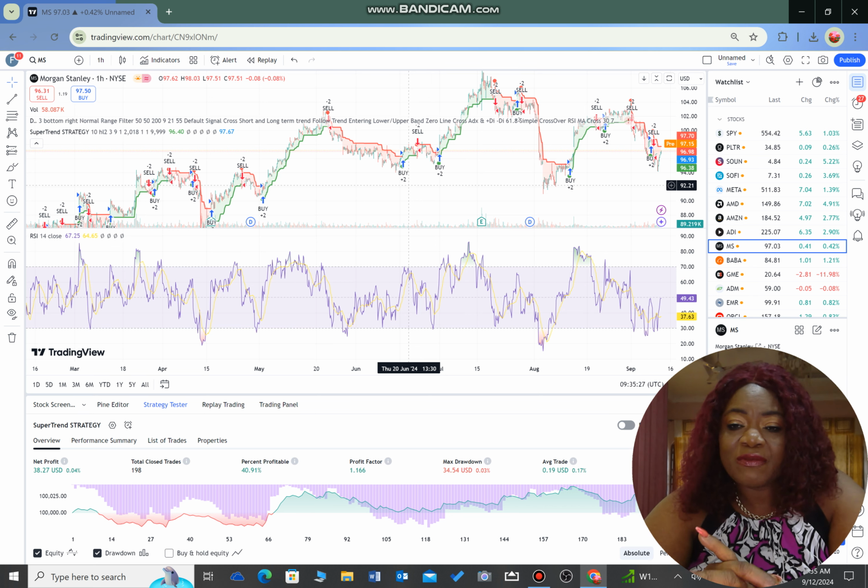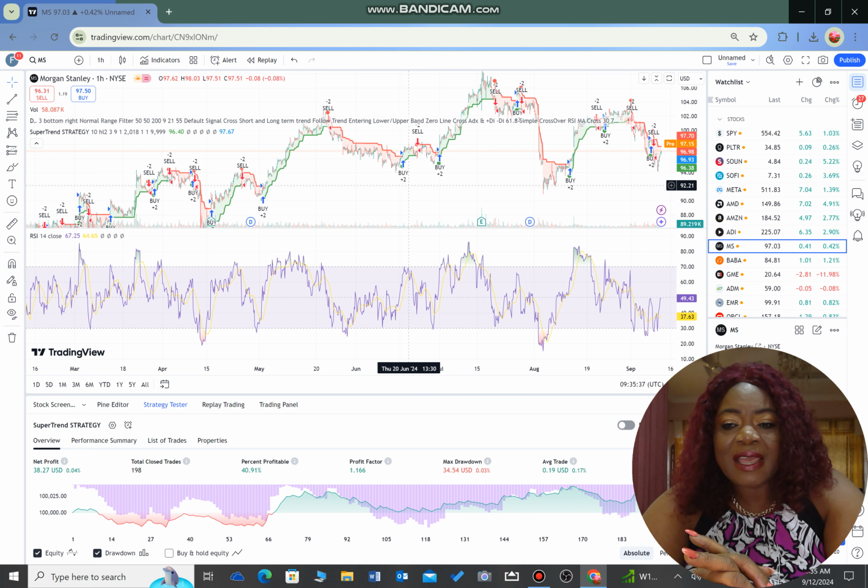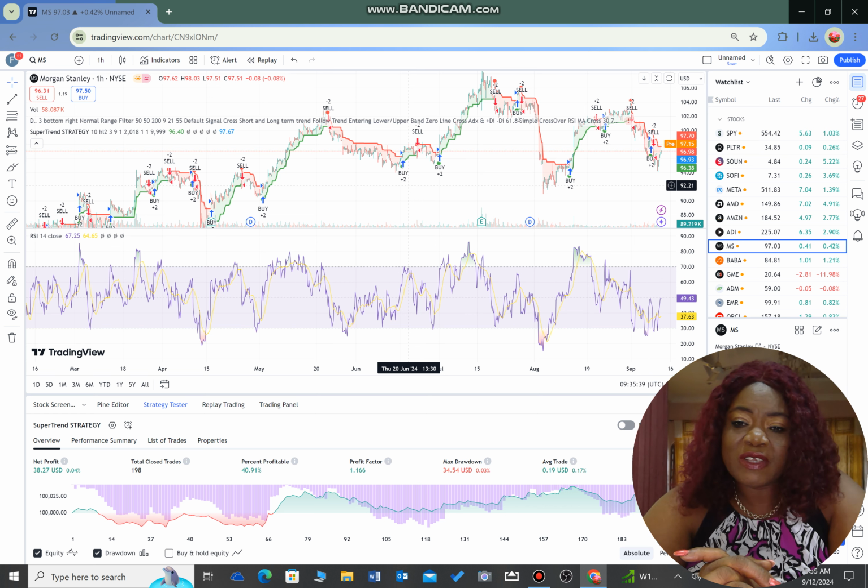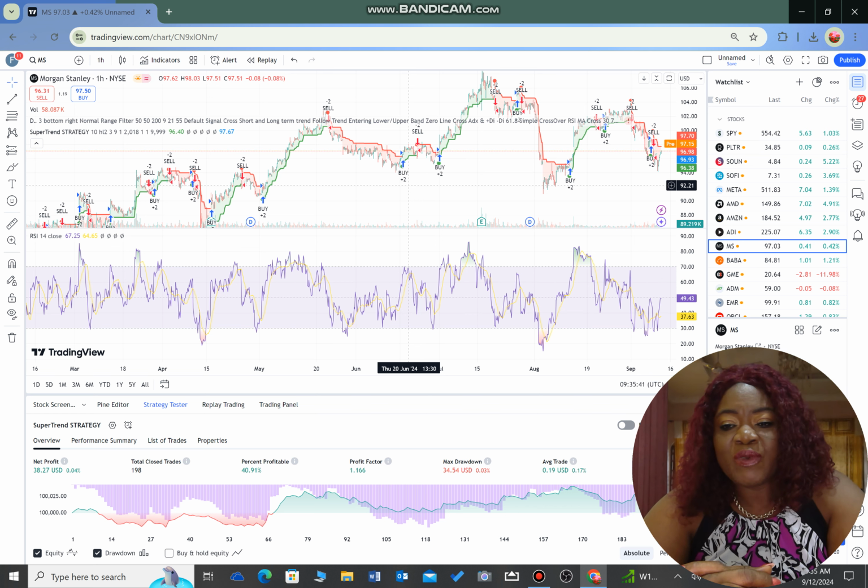As I have always said, if the RSI is below 30, it is signaling that an asset is oversold and could be looking at a potential reversal upwards.